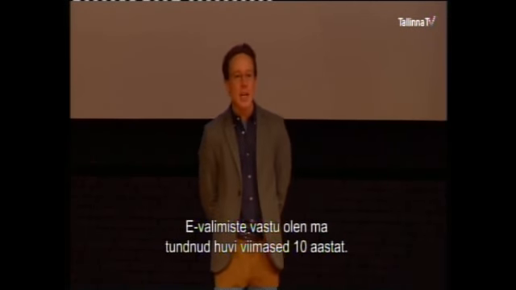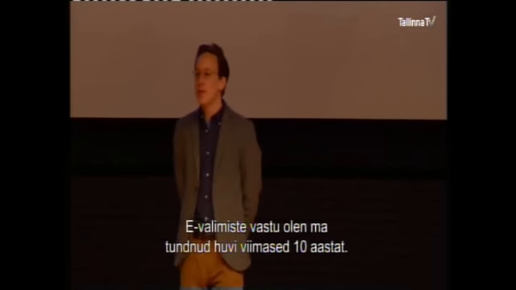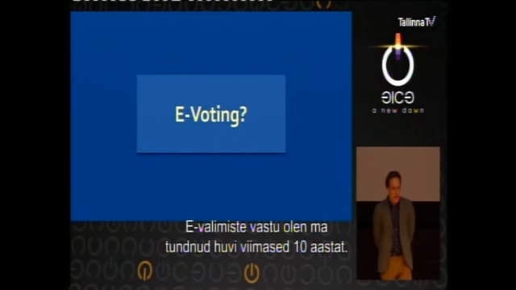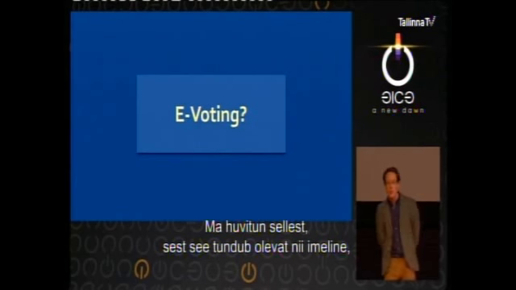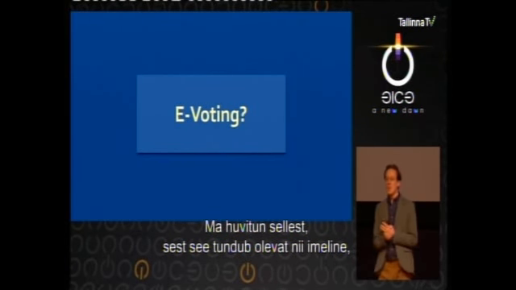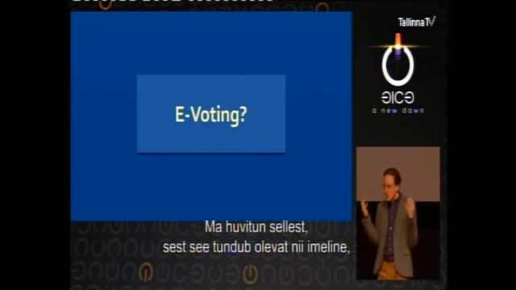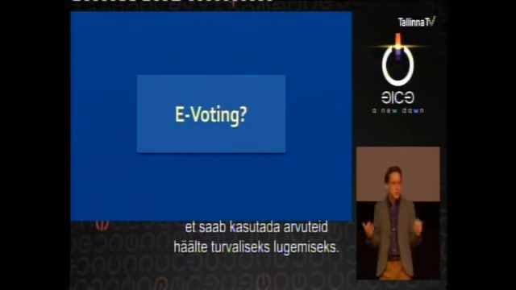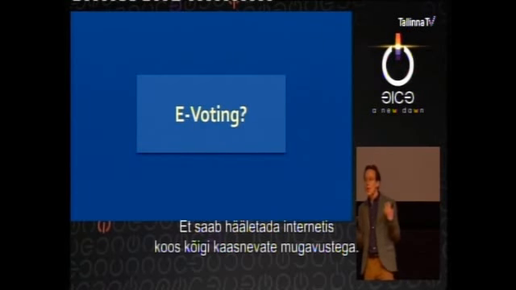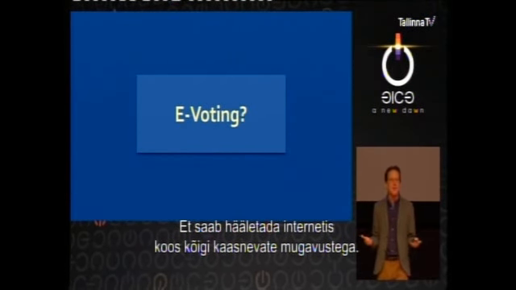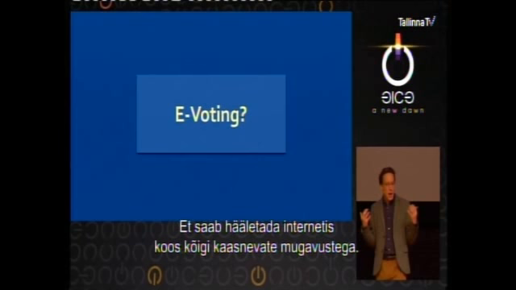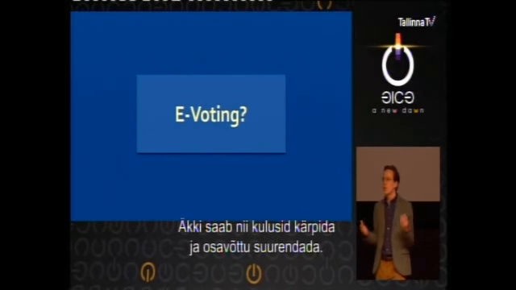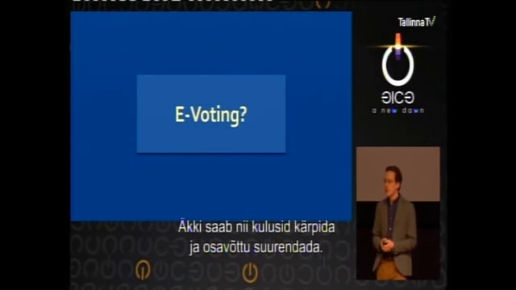All right, so e-voting is something that's been an interest of mine for about the last 10 years. And it's an interest of mine in particular because it sounds like it would be something so wonderful to be able to use computers to count votes securely, to be able to vote over the internet with all of the convenience that the technology brings. Perhaps we could reduce costs, perhaps we could increase participation.